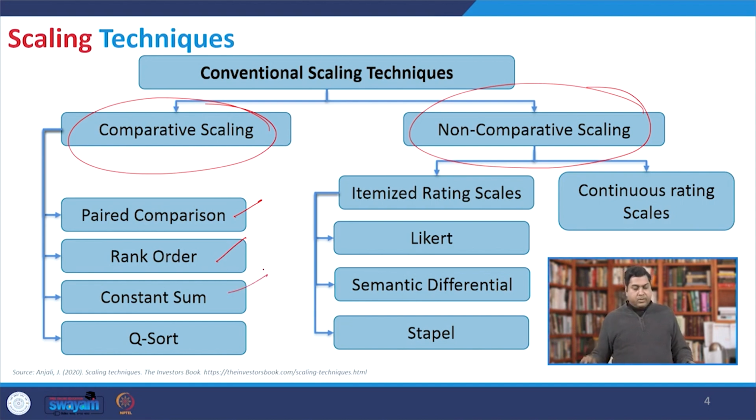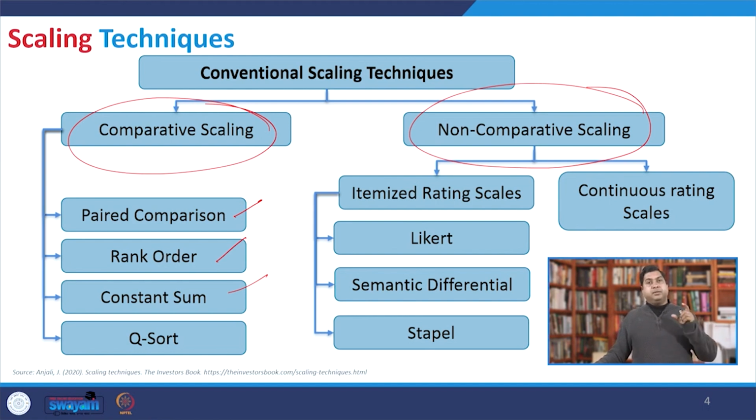It can also be a constant sum, where we are not giving any rank in that way, but we assign certain numerical values where the total sums to a fixed number, say 100, and there are 4 items to be measured. Whichever I think is the most preferred option, I give 40, then I can give 30 to the second one, then 20 to the third one, and the remaining 10 to the fourth one.